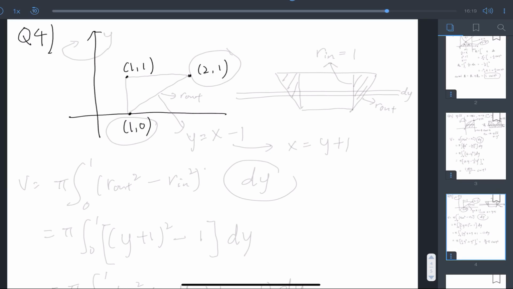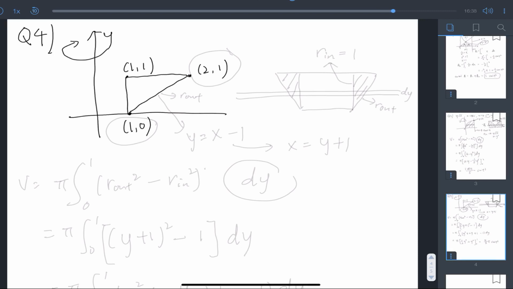These 3 points form a triangle area. This piece of area is going to revolve around the y-axis.